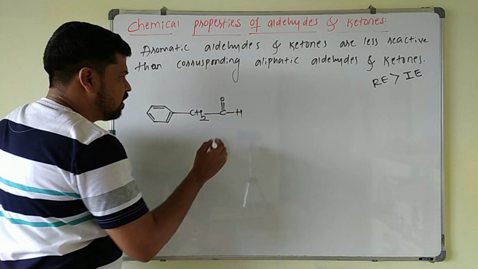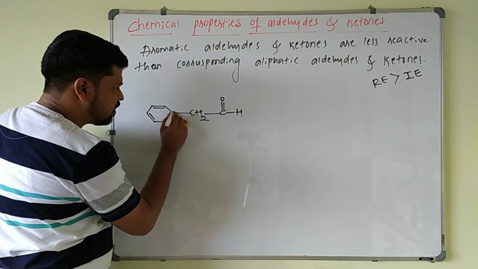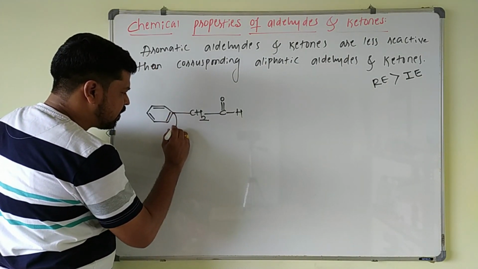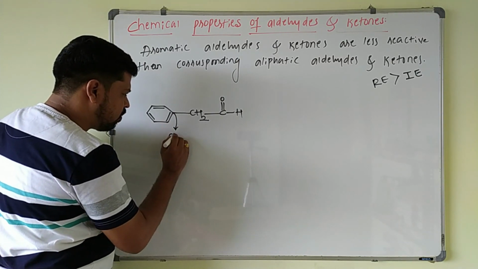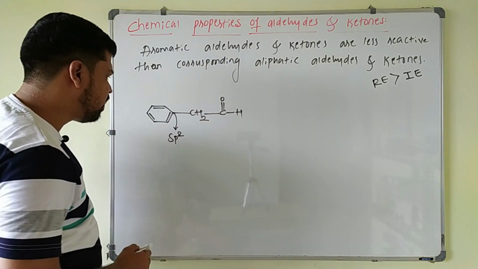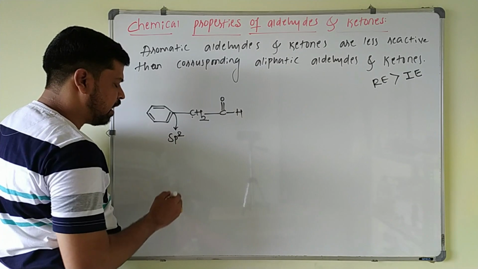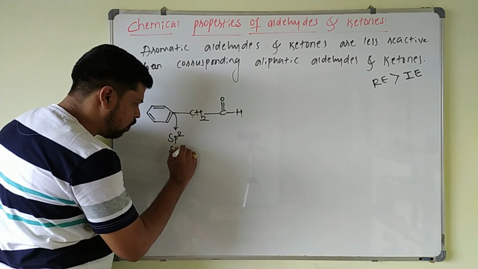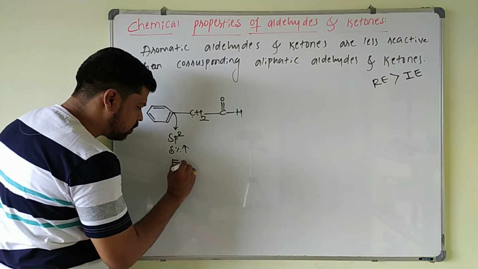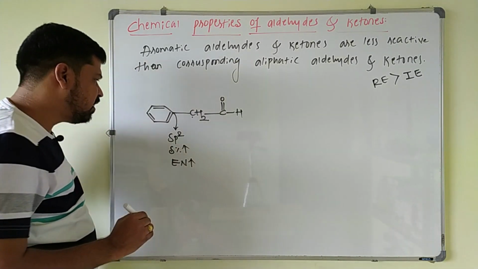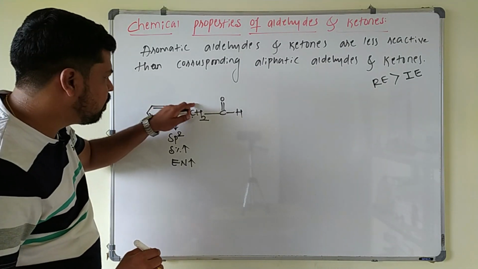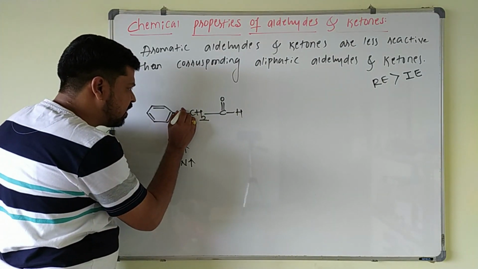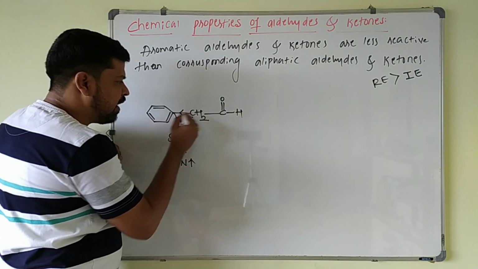Next, here what happens, this carbon atom which is present on the benzene ring, this is an sp2 carbon atom, and this will be what? sp3 carbon. In the sp2 carbon atom, the s percentage increases. What happens? Their electronegativity also increases. So this sp2 carbon being more electronegative as compared to sp3, it attracts electron density from the next carbon atom.